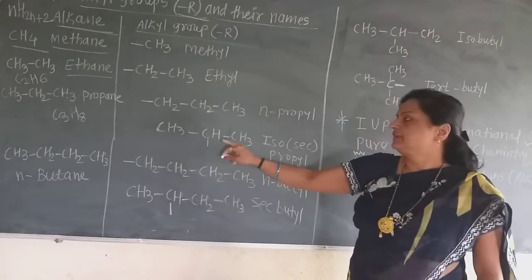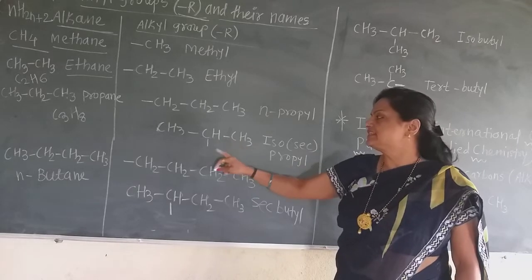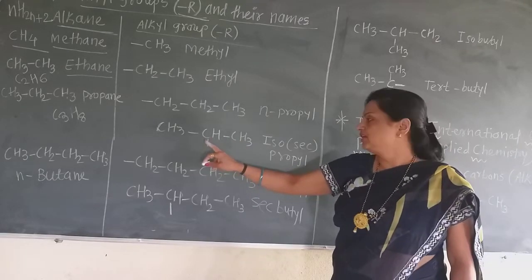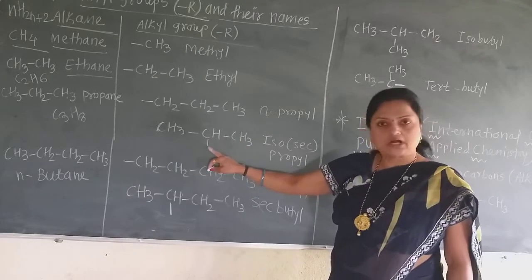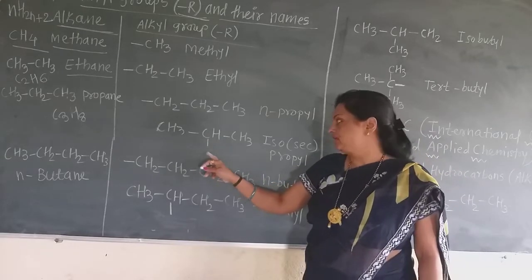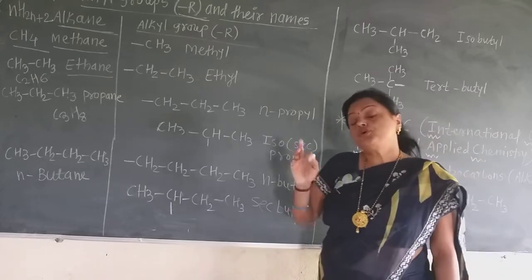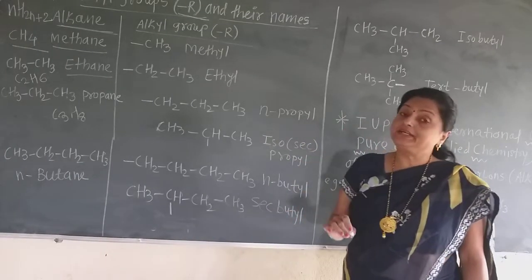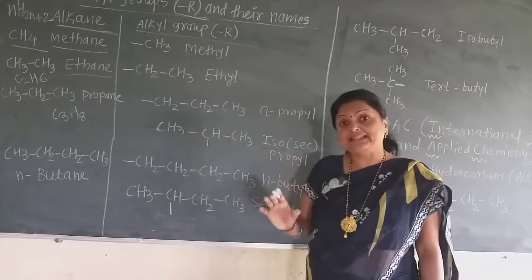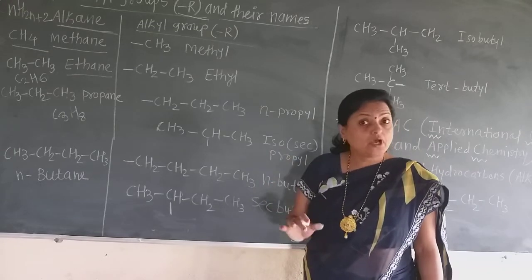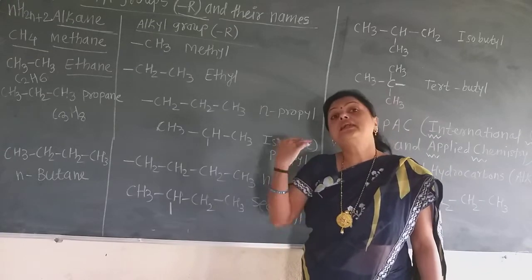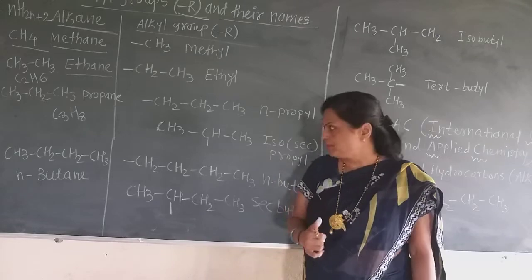Now this CH3, dash CH, dash CH3, and here is the free valency, since we removed the hydrogen atom. This is the iso or secondary propyl group. Now you must identify these alkyl groups, and then you can give the IUPAC name of different organic compounds.